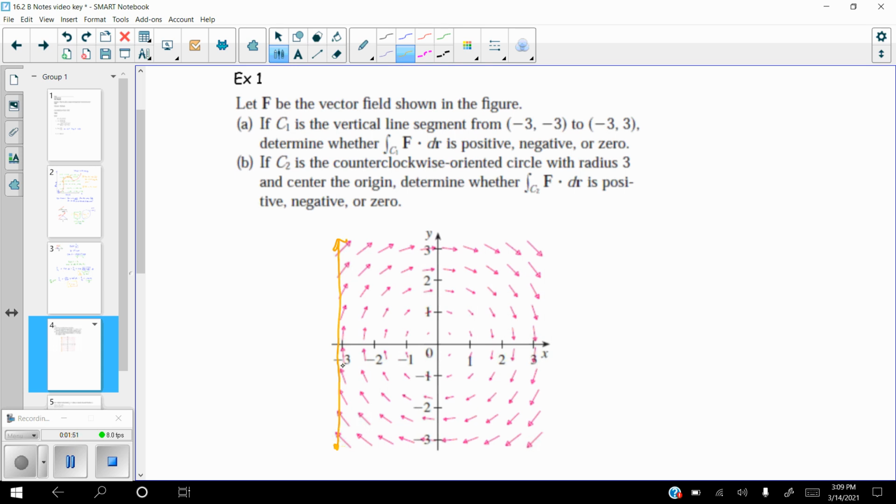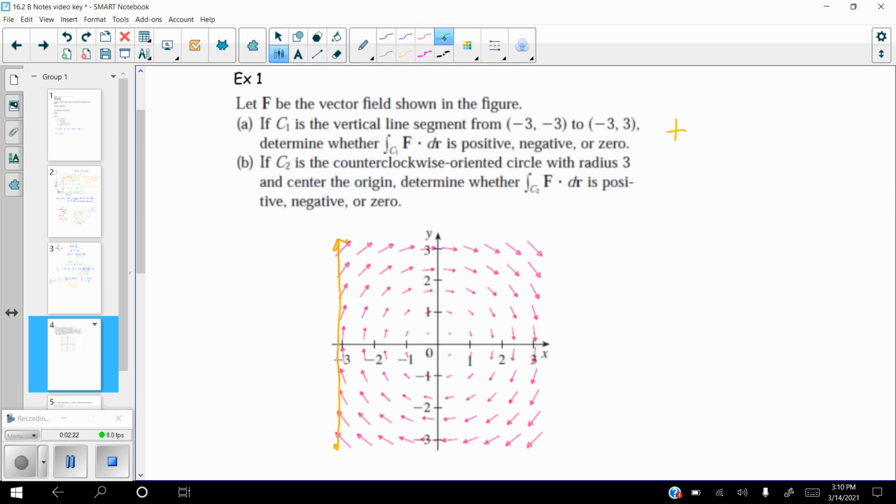Yes, some are off at an angle, but nothing is completely perpendicular, because perpendicular would neither help nor hurt. Everything is generally going in the same direction as the orange. So we would say this has a positive outcome on the line integral. It looks like it is helping our path.